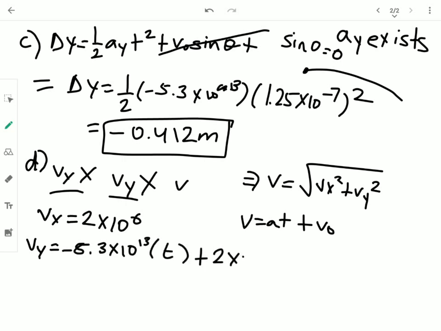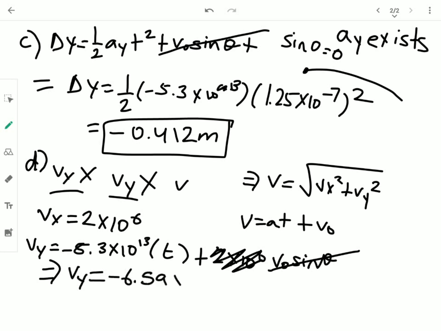Because wasn't that the initial velocity? Wait, no. It's v0 sine theta. And since theta is 0, then v0 sine theta is 0 as well. Now vy equals minus 6.59 times 10 to the power of 6 meters per second.